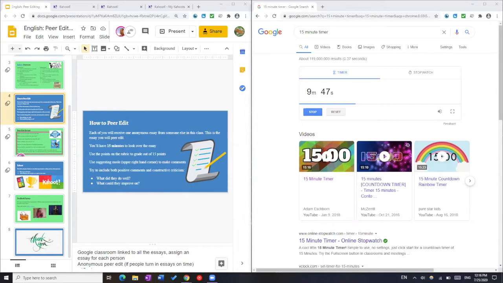When you're done, you can just type in the chat that you're done so we know when everyone's done.